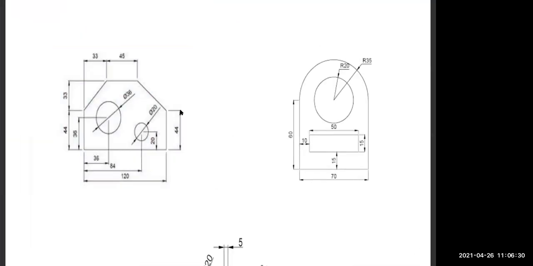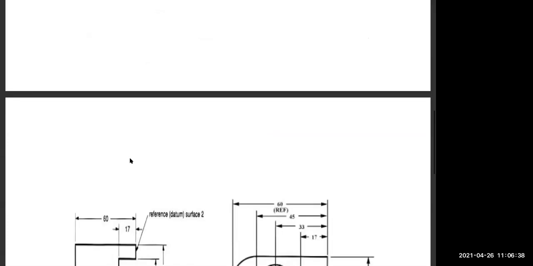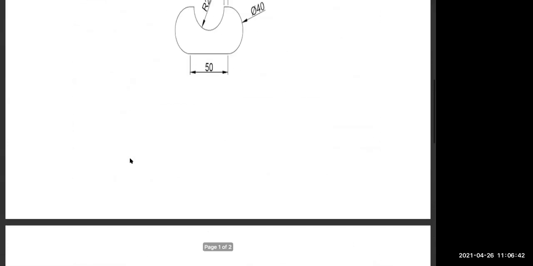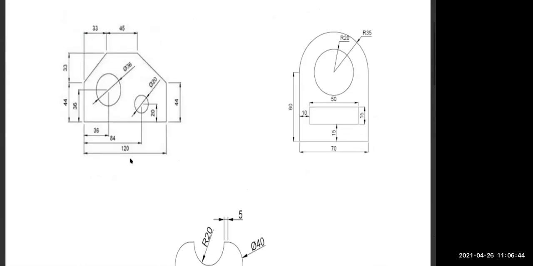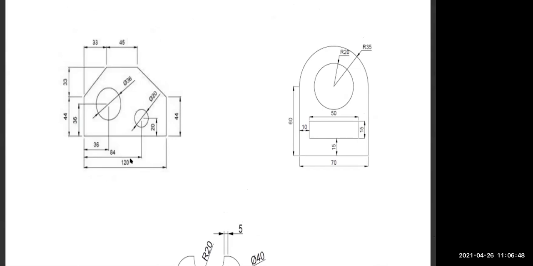So in this diagram, we have these six figures. This is your experiment number 1, or exercise number 1. In this exercise, you will learn how to draw simple 2D drawings using your AutoCAD software. So this is your first drawing.